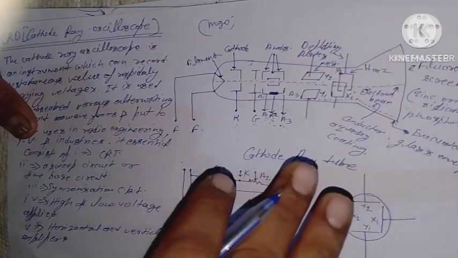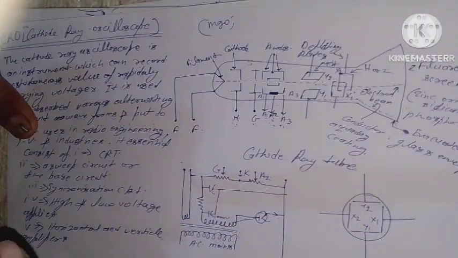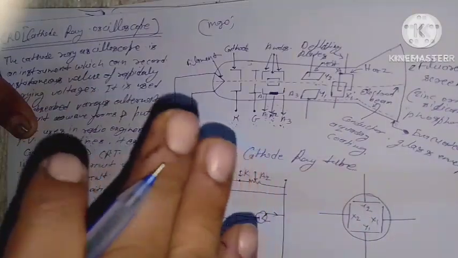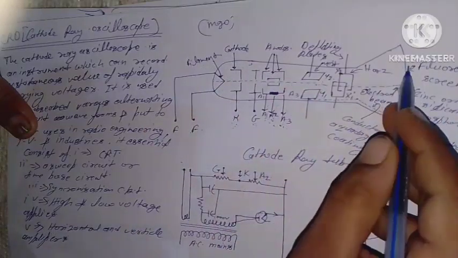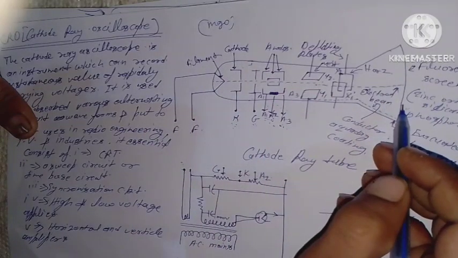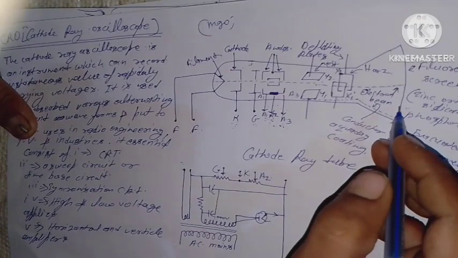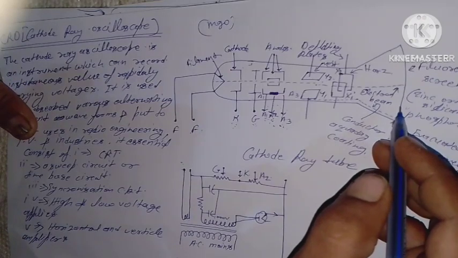A brilliant spot is visible on the screen due to fluorescence where the electron beam strikes.